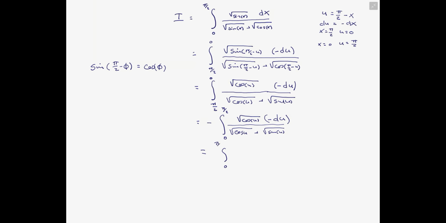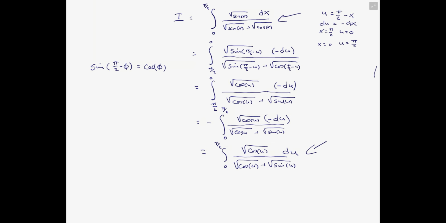So we put a negative sign there, and we go 0 to pi on 2 of the square root of cosine of u over the square root of cosine of u plus the square root of sine of u, times minus du.